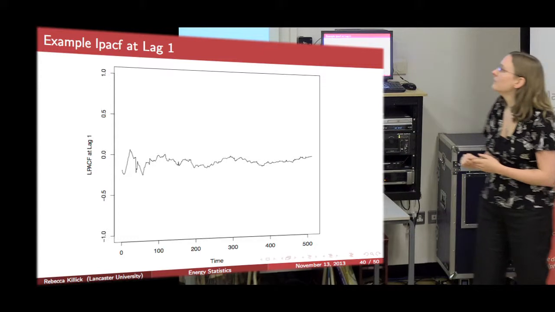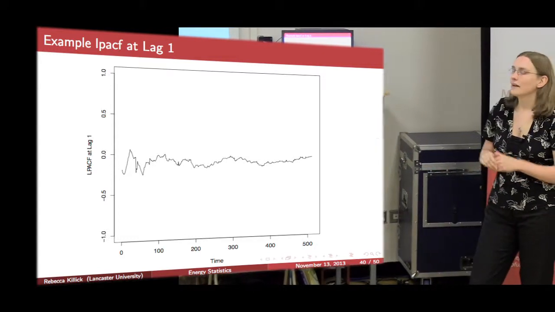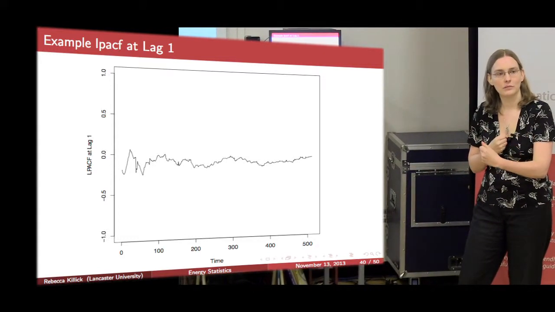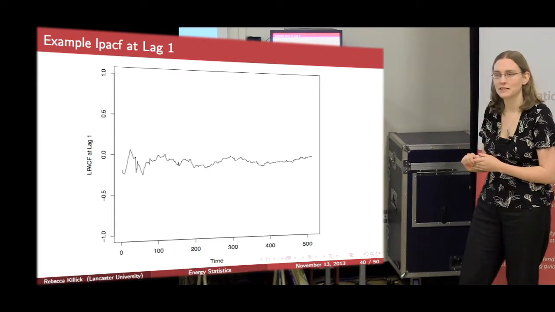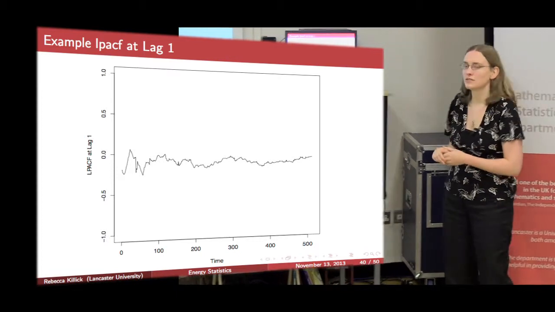So this is the lag 1. That's my relationship of now with the time point before, and this is over time. So you can see it's changing over time slightly, but it's more or less dotted around 0 there.